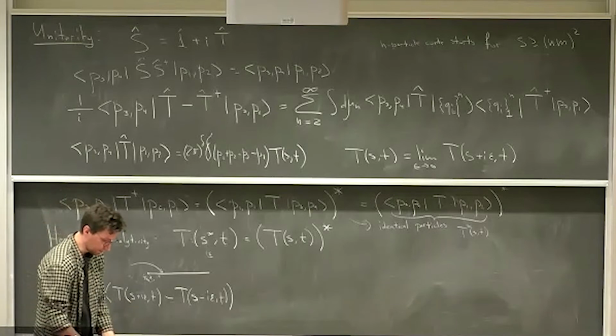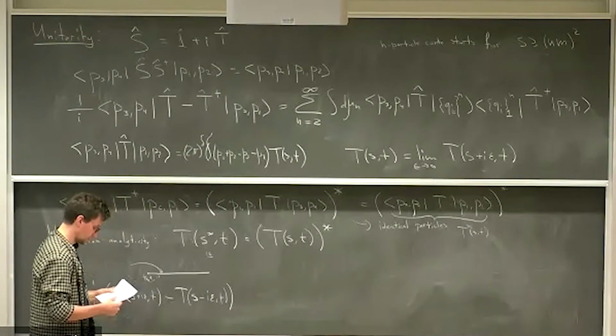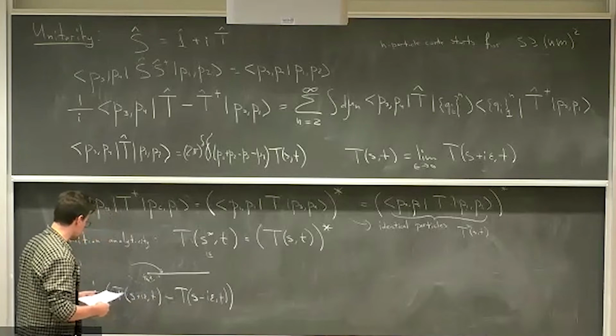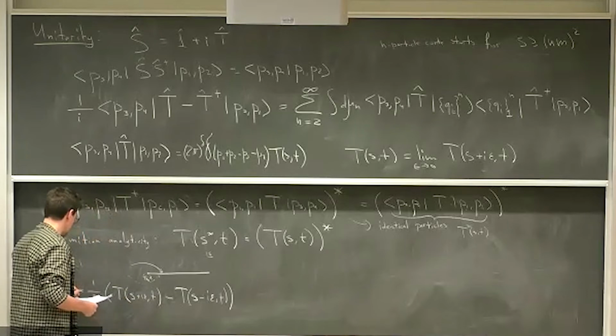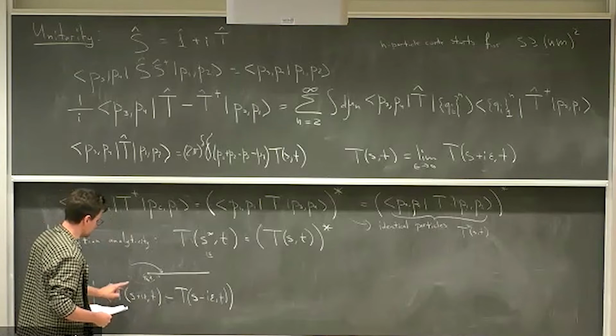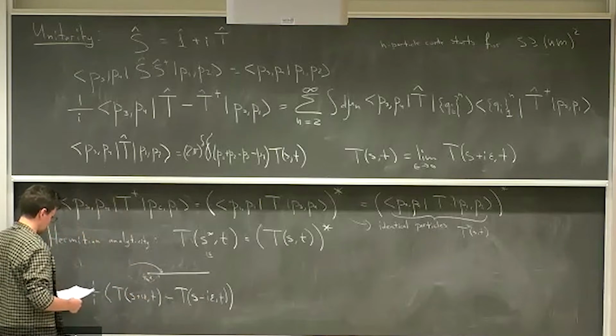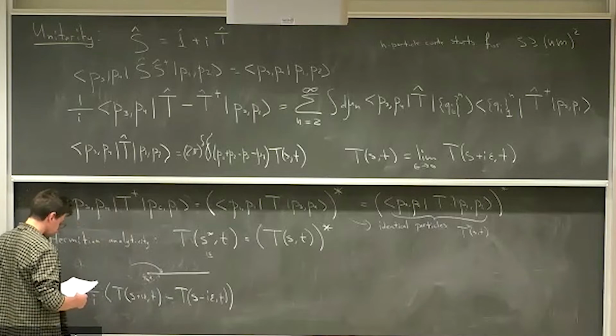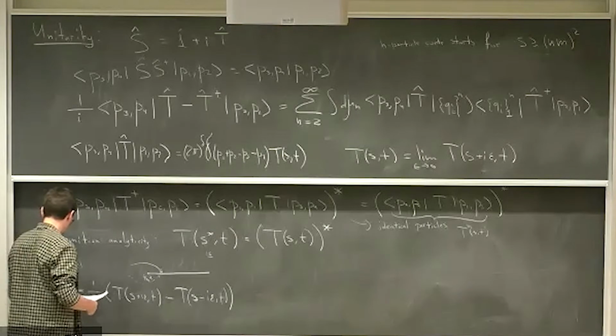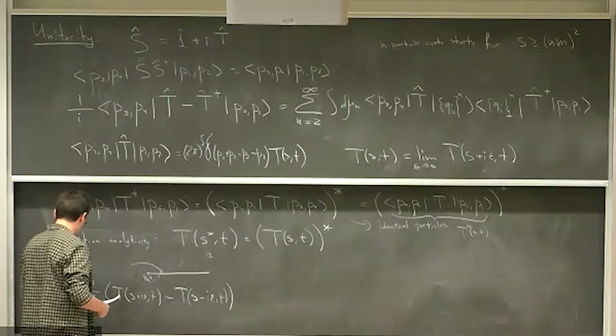So just take this definition, and now what do we get on the right-hand side? In my notation, this discontinuity, the difference of going above and below, divided by I, I denote by T_S.